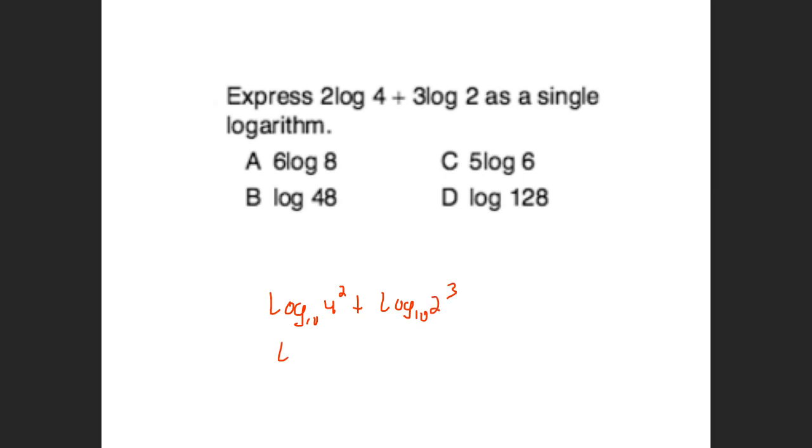Well, 4 to the second is 16, so this just gives me log of 16 plus log of 2 to the third, which is 8. So now I have to multiply that together, so that's going to give me log of 16 times 8, which is 128, and I'm done. And that is it.